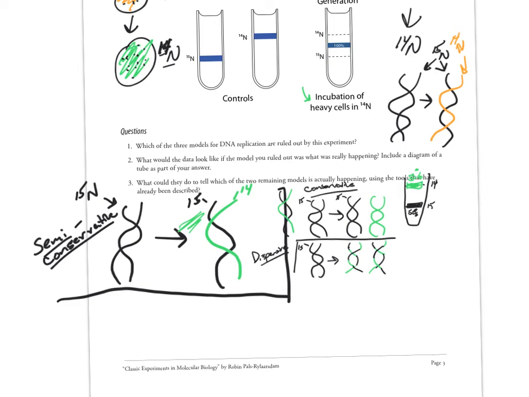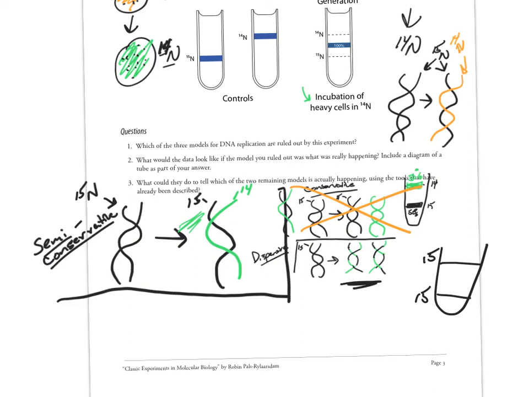So right now, as of now in the experiment, we have found some very valuable information, and that information is that the conservative model was wrong. It was certainly not the conservative model after one replication. But the dispersive model was still on the table, because as you look at a test tube, and again, here's a 14 and this is 15, what would you expect the density of this molecule to be?